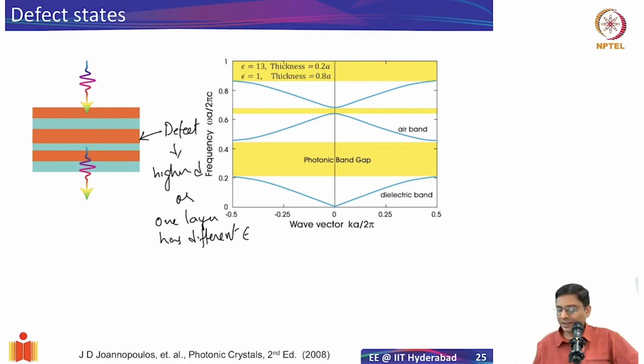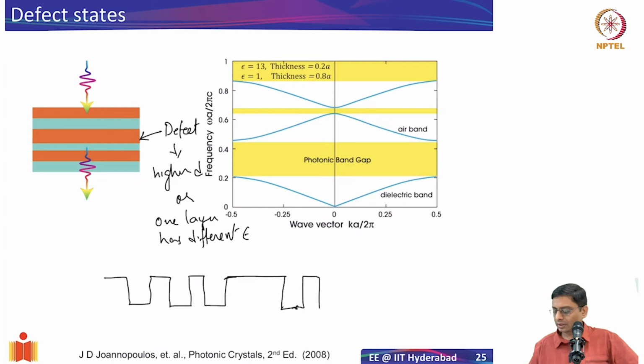So let me say I have a permittivity which is varying like this. I have this periodic function. Let's assume that all of that is uniform. But then at one location, it is thicker than the rest, and the rest of them are identical.